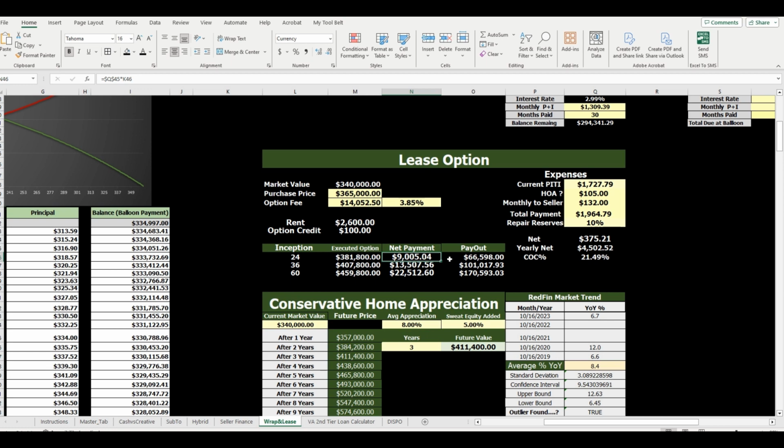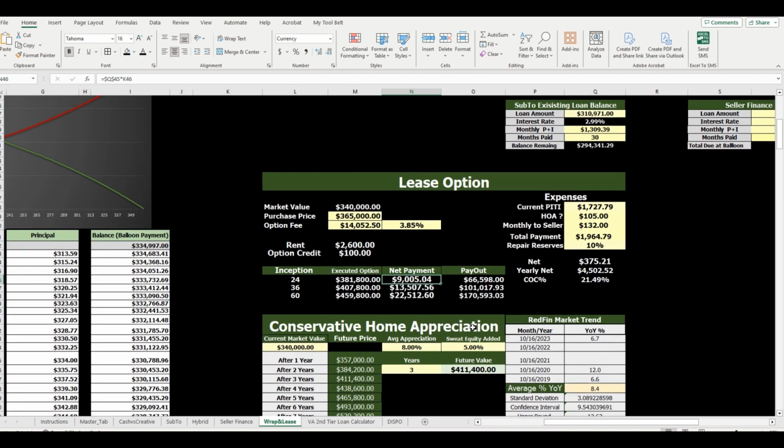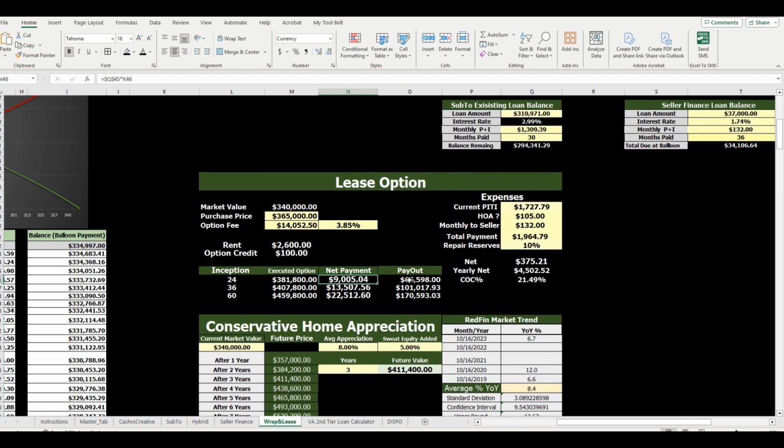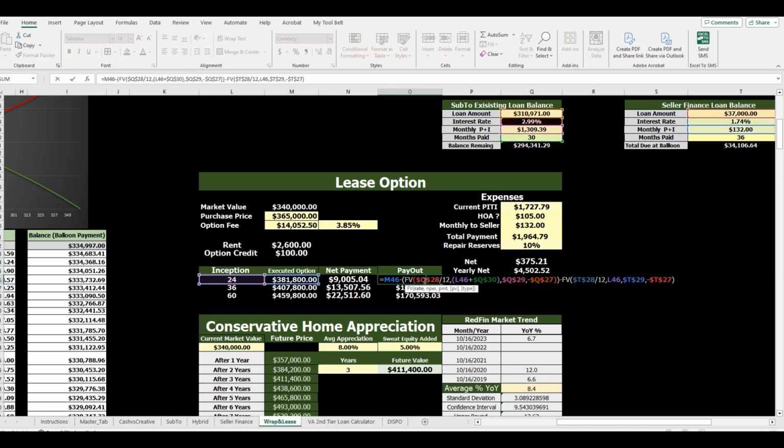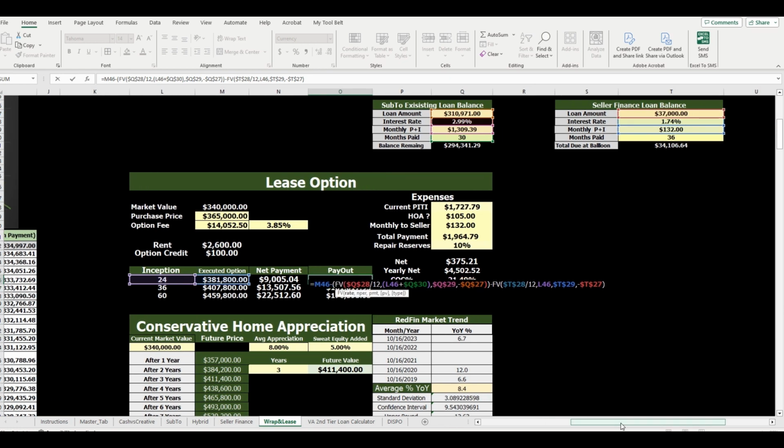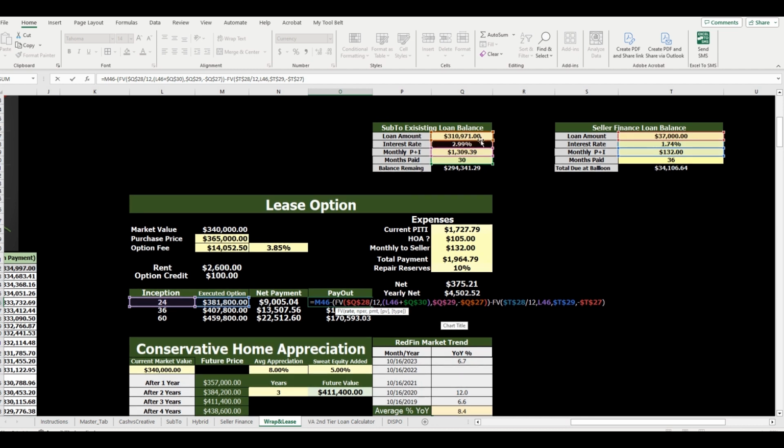You would have a net payment over the next 2 years. The net payment would be coming off of the $375. Your payout would be that of the executed sales price. So that would be your executed sale price. If you take a look at the formula here, we are taking into account the underlying encumbrances that are on this property.